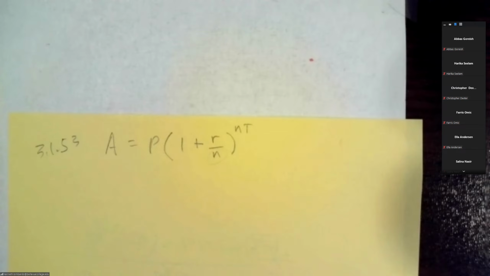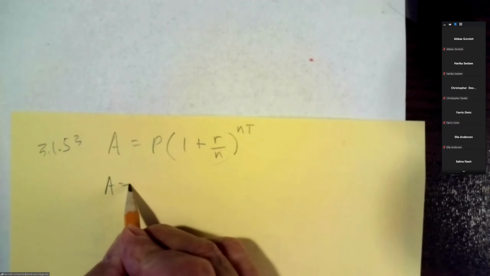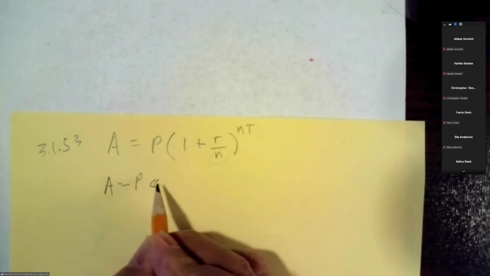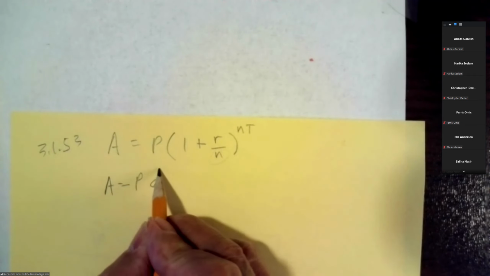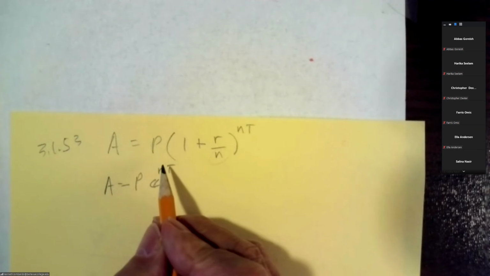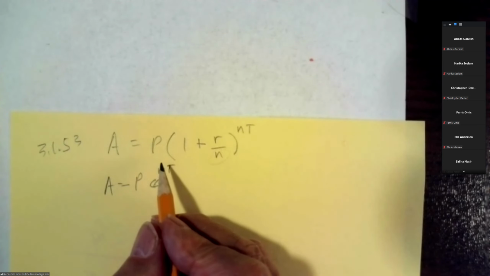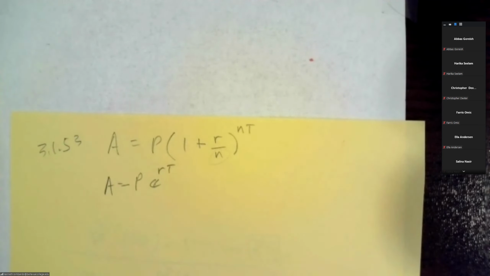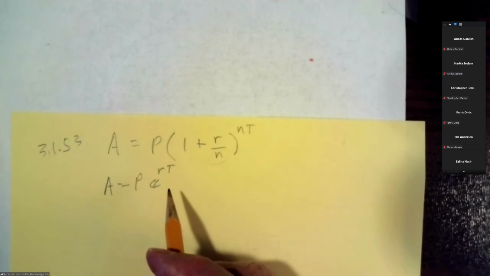Let's see, 53 to 56 gives us A equals P times e to the rate times time, that's continuous compounding. Okay, so find the accumulated value of an investment of 10,000.